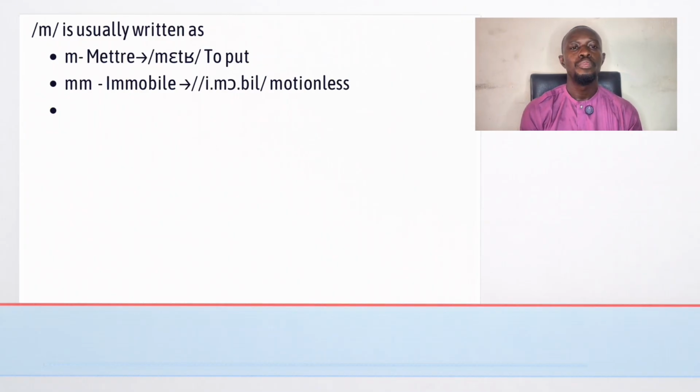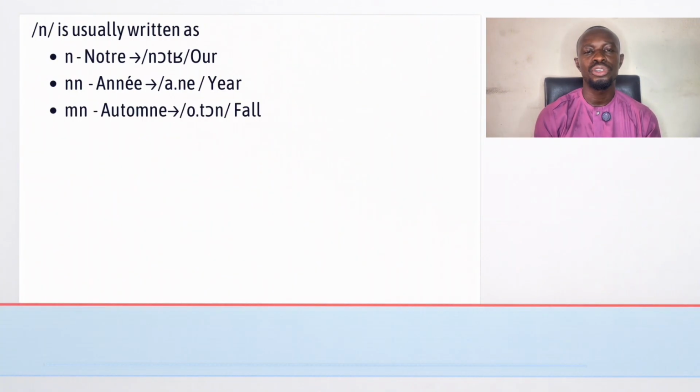The m sound is usually written as M. Anywhere you see the letter M, you just pronounce it. For instance, we can see maître, and a double M gives us M. You can find it in immobile. The n sound is usually written as N. Anywhere you see N, you pronounce it, as in notre.